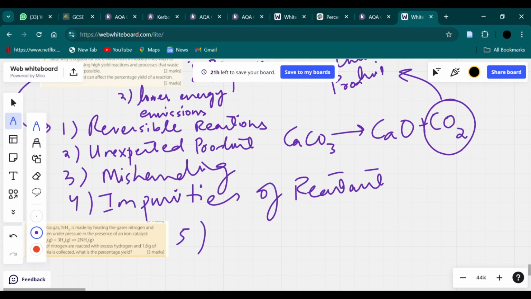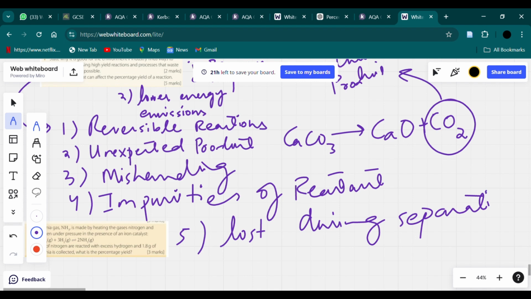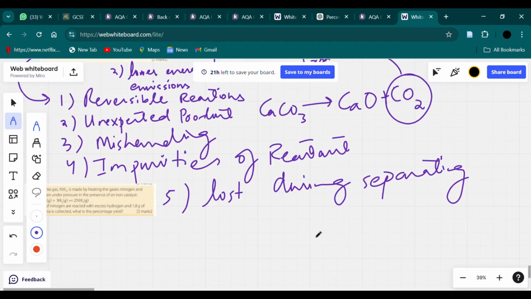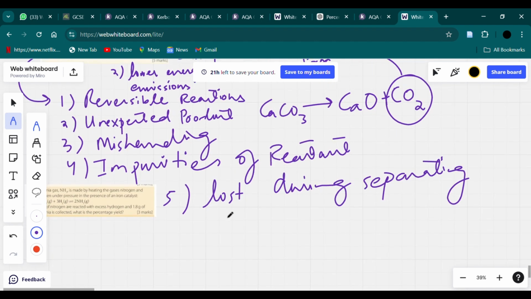Our fifth reason is some of the desired product lost during its separation from the reaction mixture. At this step, some of the product might stick with the apparatus, or some of the desired product might be lost during the separation from the reaction mixture.